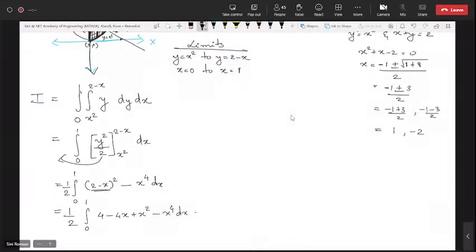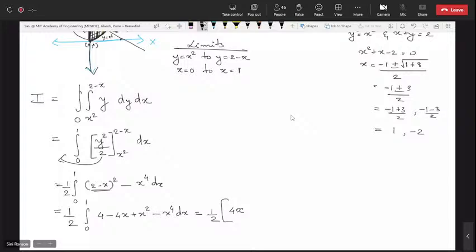अब ये हो गया एक सिंपल सिंगल इंटीग्रेशन. चलो बताओ मुझे इंटीग्रेशन रिस्पेक्ट टू एक्स क्या होगा? 4 का इंटीग्रेशन रिस्पेक्ट टू एक्स. व्हाट इज इंटीग्रेशन ऑफ 4? हाँ बोलो. 4x आएगा ना? इंटीग्रेशन ऑफ 4 रिस्पेक्ट टू x 4x.